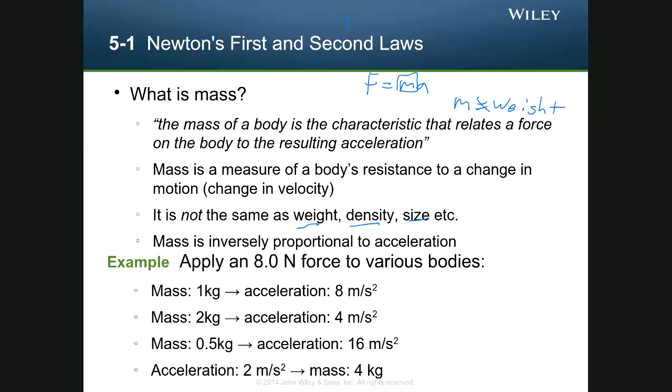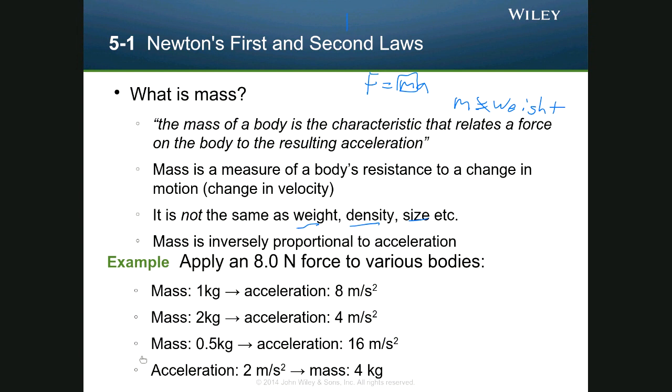So if we apply an 8 Newton force to various bodies, we'll notice that the force is the same in all of these examples. Take a look.